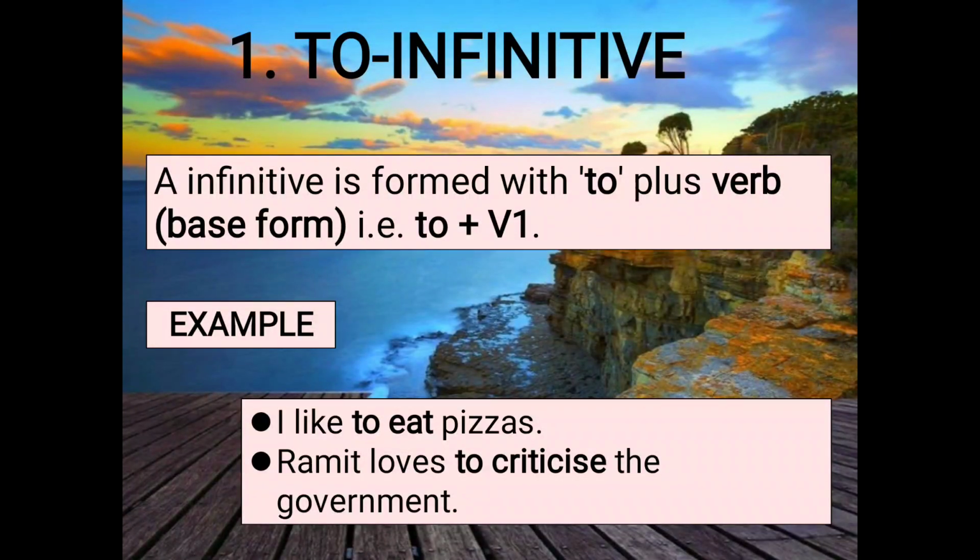To infinitive: an infinitive is formed with to plus the verb base form, for example, to plus verb first form. Example, I like to eat pizzas. Ramit loves to criticize the government. We use to plus verb first form, eat, and criticize, as to infinitive.